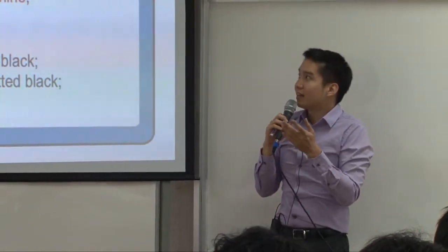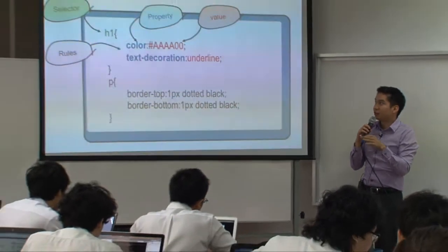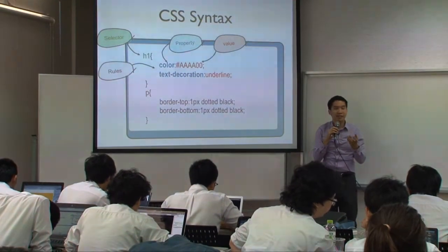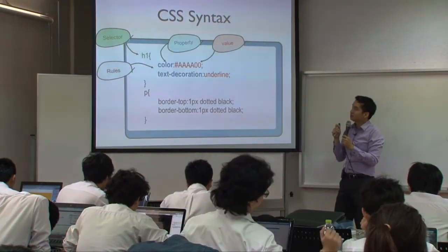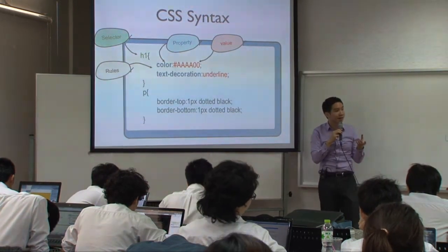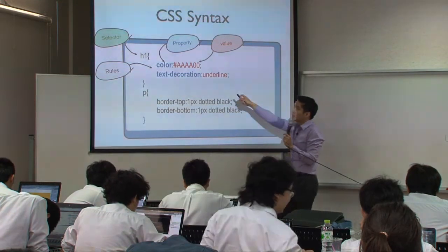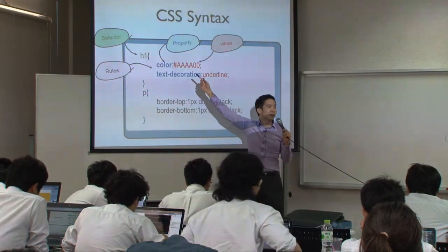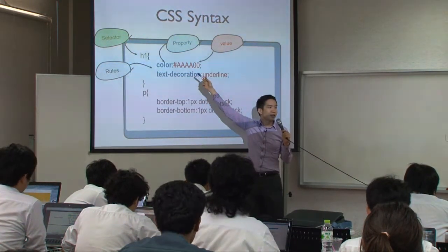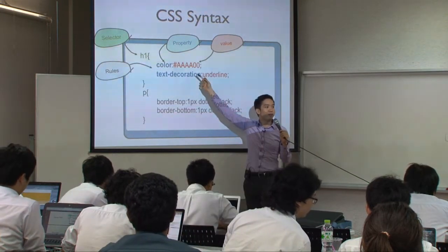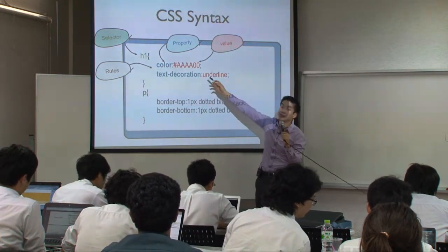I don't know what that color is, but if you wanted to apply that color to the H1 tag, that's how you would do it. The syntax is very simple. You specify the attribute that you want to apply, colon, followed by the value you want to have applied.